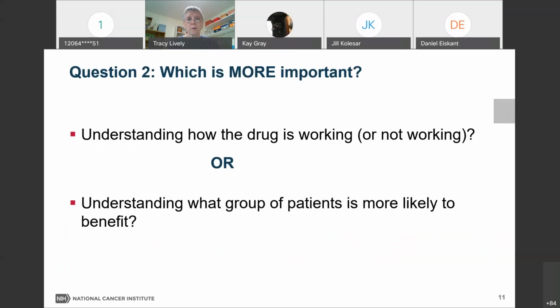So one way to start looking for laboratory partners is to ask for your particular trial whether it's more important to focus on a pharmacodynamic question or a predictive question. Is the drug working? What patients might be expected to benefit from it?